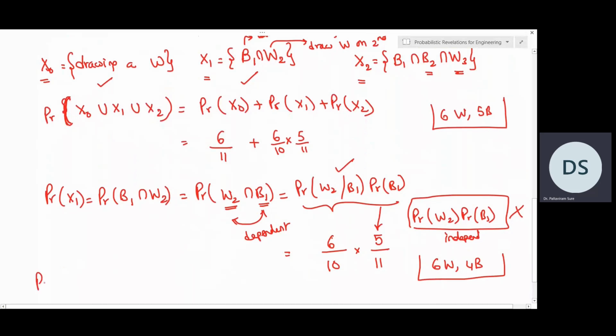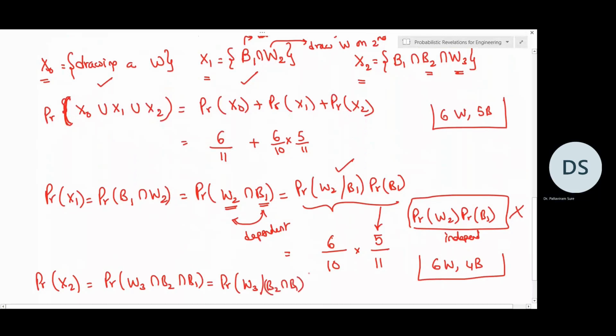Now same way, if we go with probability of X2, we can directly write this as probability of W3 intersection B2 intersection B1. So applying the chain rule that we saw previously, we can write this as probability of W3 given B2 intersection B1 multiplied by probability of B2 given B1 multiplied by probability of B1.